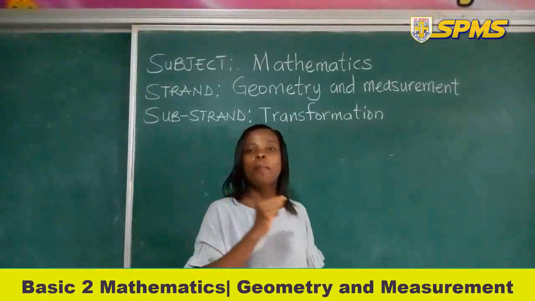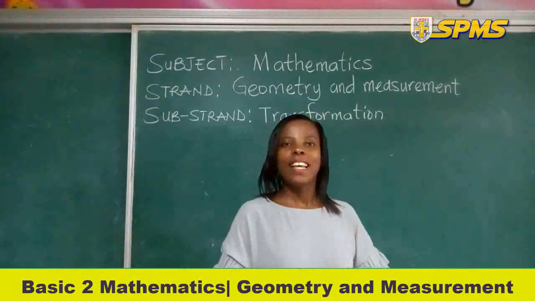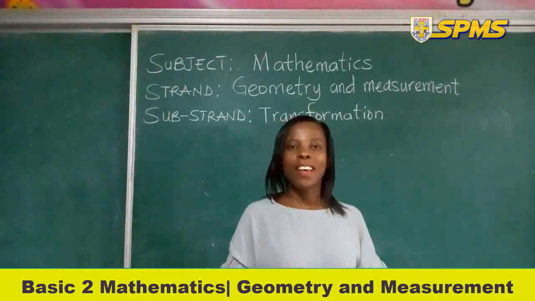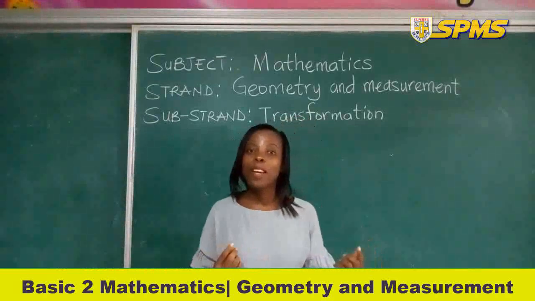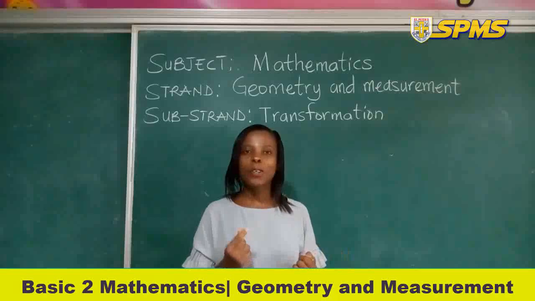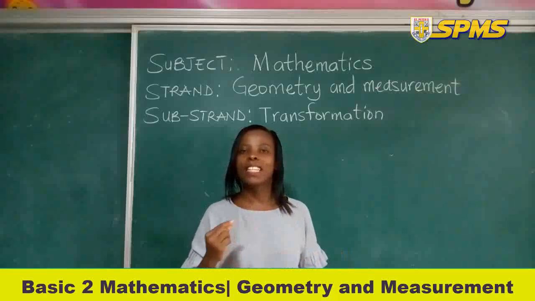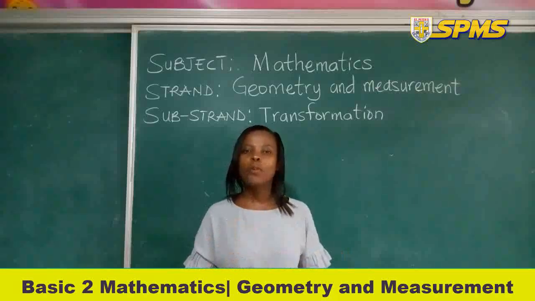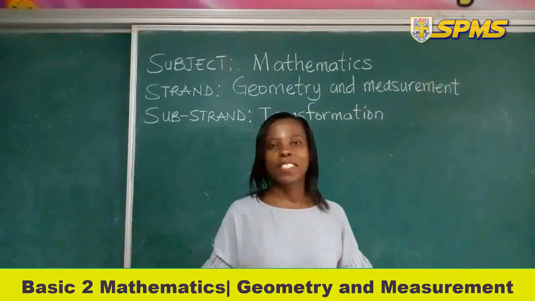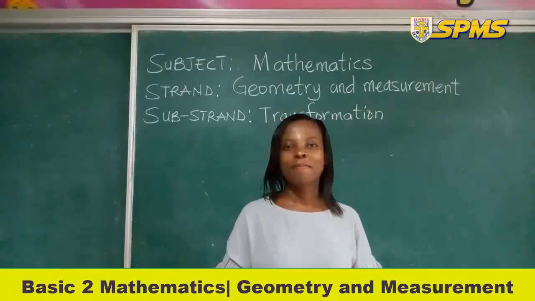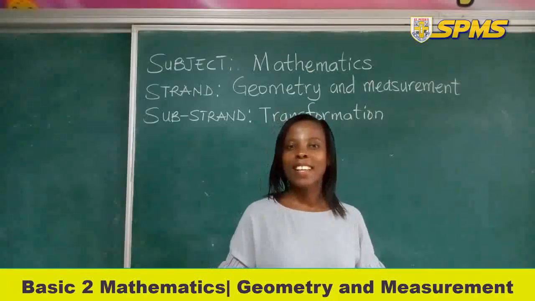Let's refresh our memory on what we learned last week. We talked about line segments and angles. Good. So we are going to link the previous lesson to our new lesson for today. So what did we say an angle is? Yes.